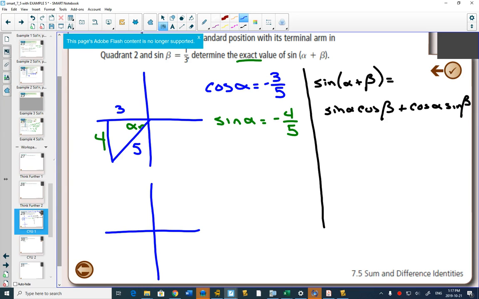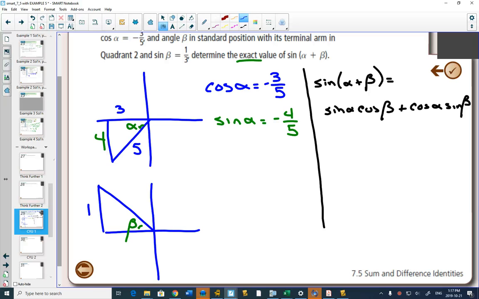Triangle number 2, set up my 4 quadrants. We found out that beta is in quadrant 2. Draw an angle in quadrant 2. I can label my reference angle for beta. I know that sine of beta is 1/3, opposite over hypotenuse. A squared plus b squared equals c squared, and I can solve for that side to be square root of 8.